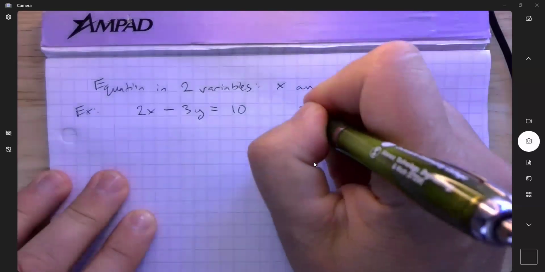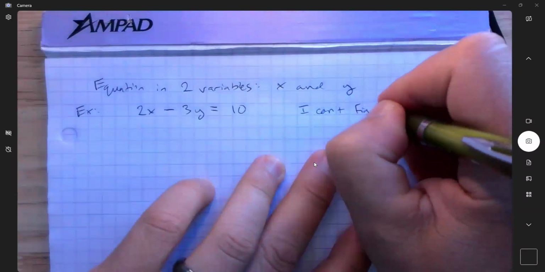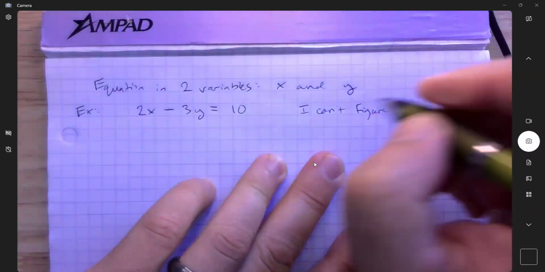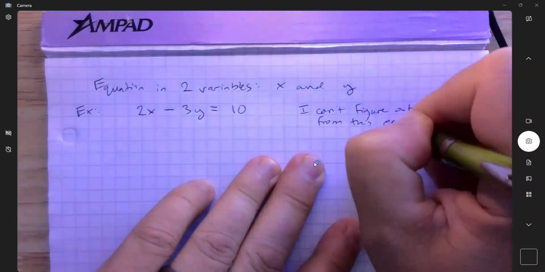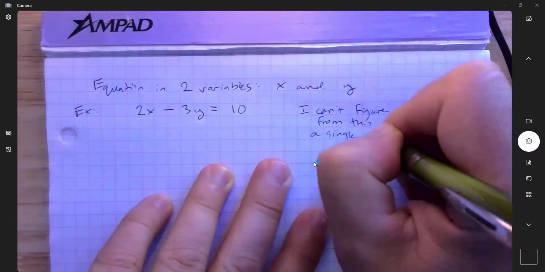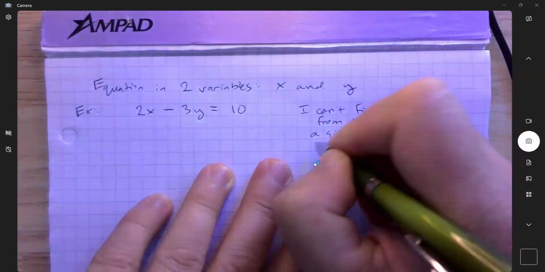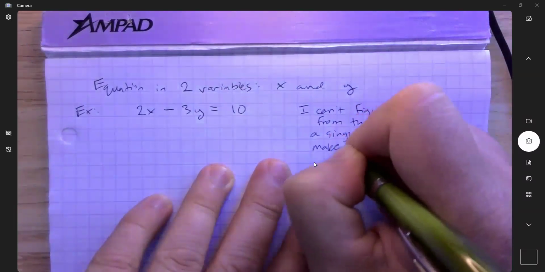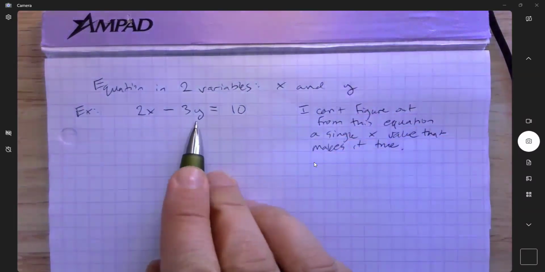Now, I can't figure out from this equation a single x value that makes it true because I don't know the y value.